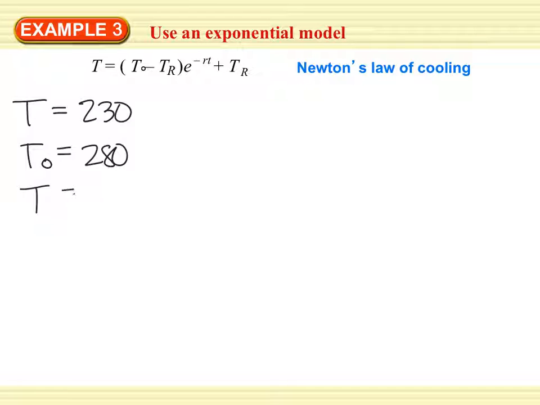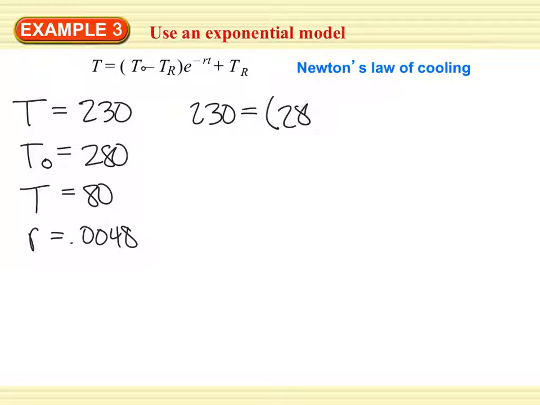Outside, it is 80 degrees. We have R is 0.0048, and I think that's it. Let's plug it in. So 230 equals 280 minus 80, e to the negative 0.0048 t plus 80.